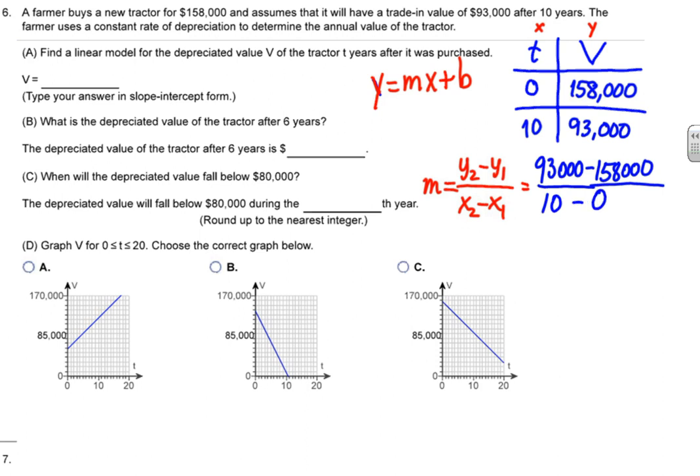When I subtract these, I have negative 65,000 over 10. If I cancel that out, m is equal to a negative 6,500.